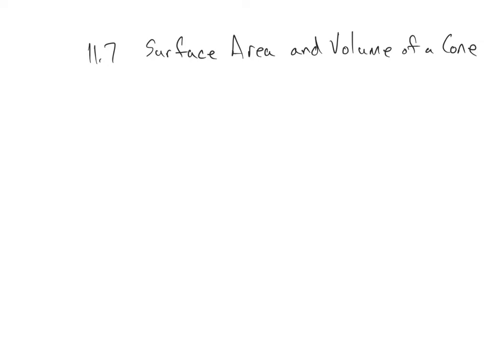All right, 11.7 is surface area and volume of a cone. So if I look at number 4, and it is a cone, and this is what it looks like, and it has a diameter on it and a right angle coming from the top. The diameter is 11 centimeters and the slant is 7.2 centimeters. I don't know the height, but I do know the slant is 7.2 centimeters.